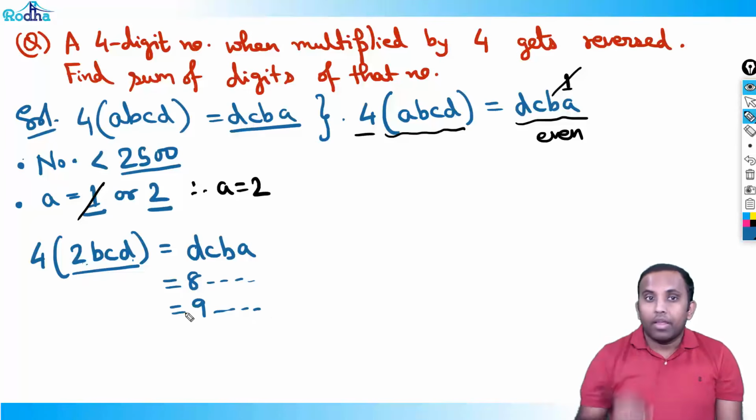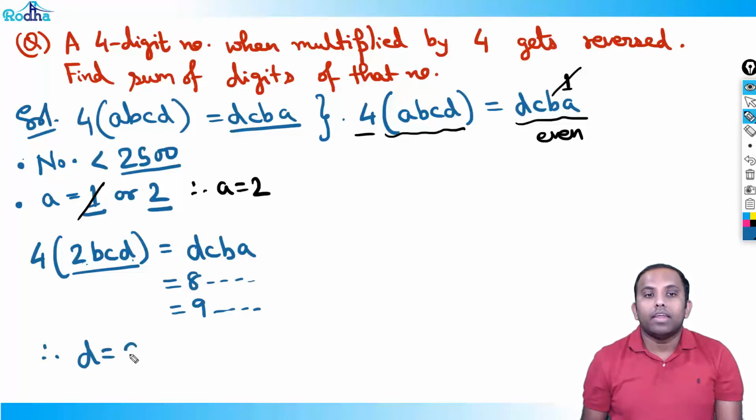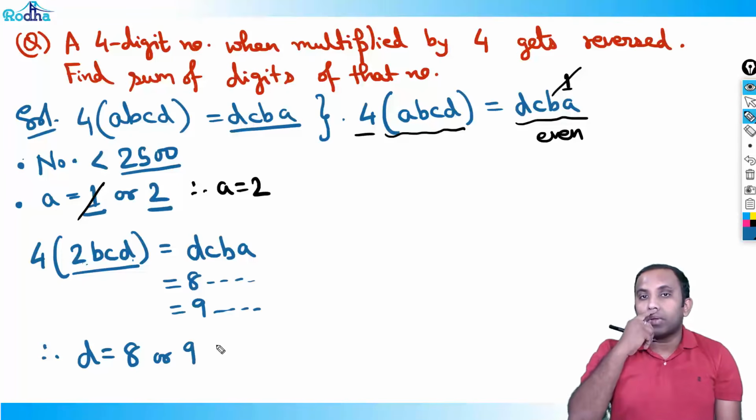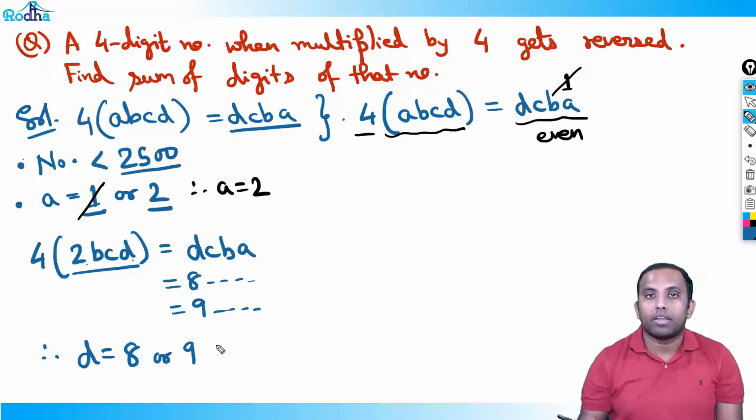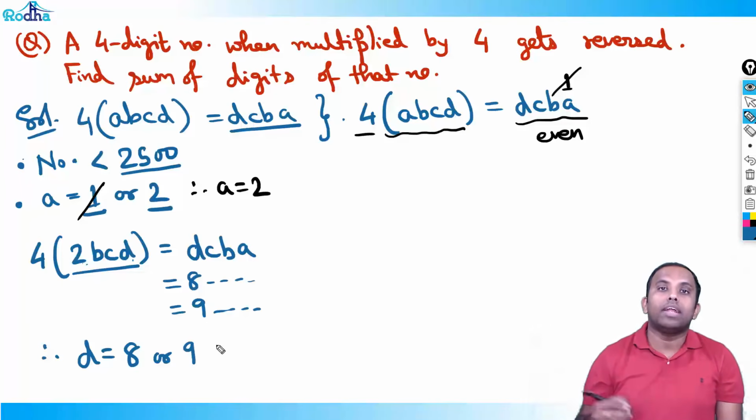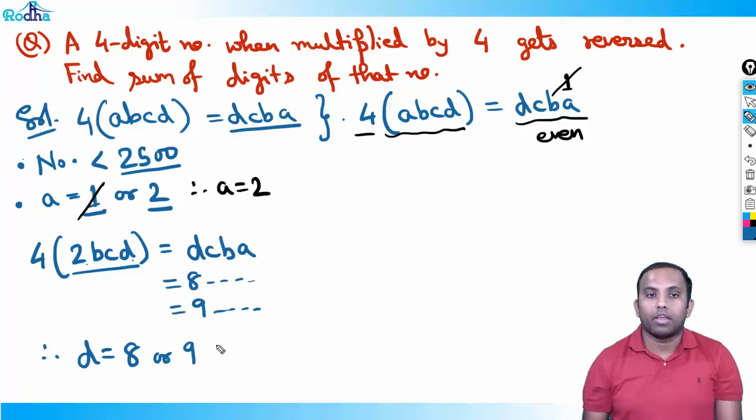So D will be either 8 or 9. Since A is 2, 2000 into 4 is 8000 or 9000 something, right? 2300 into 4 is 9200. So it could be either 8000 or 9000 something. That means D is 8 or 9.